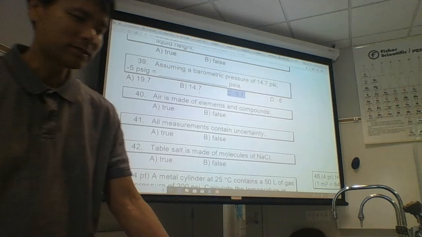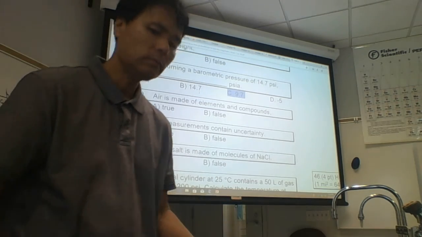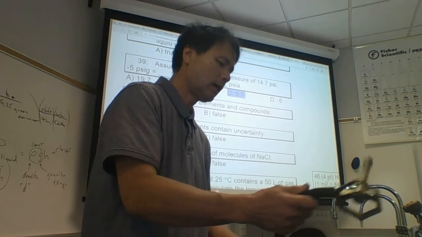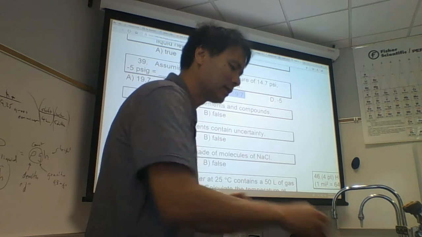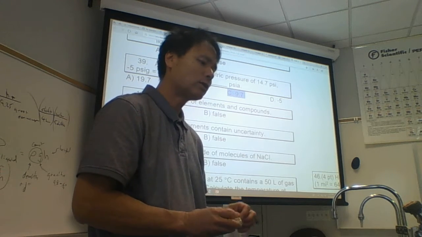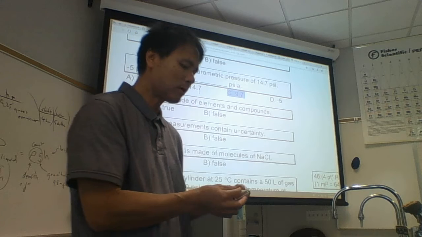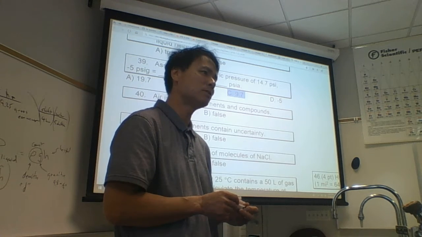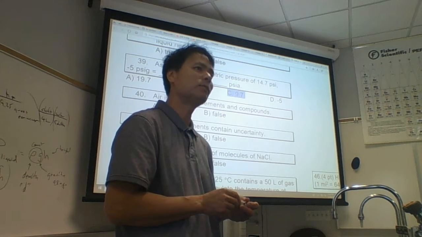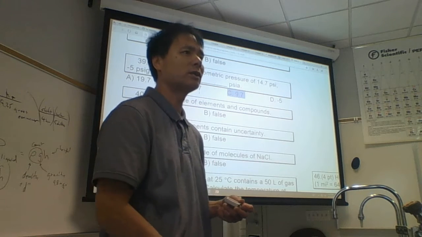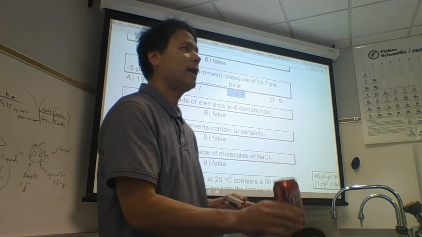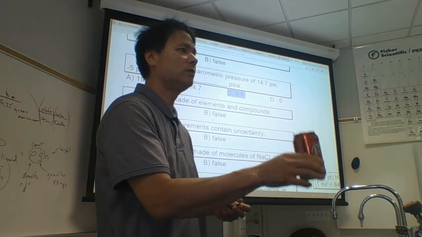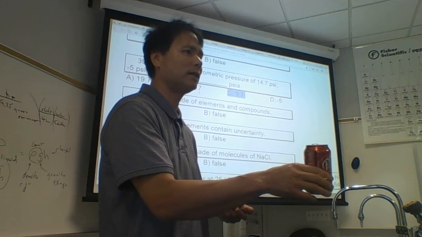But there is air inside this, right? And how much air is inside that? 14.7. So can you imagine they made barbecue gauges that read absolute pressure? People would be confused. People would be returning the tank complaining, hey, I still have 14.7 pounds of propane in here.